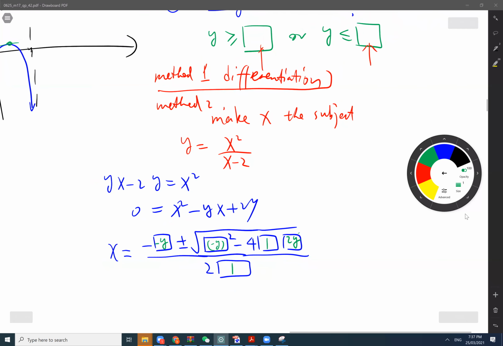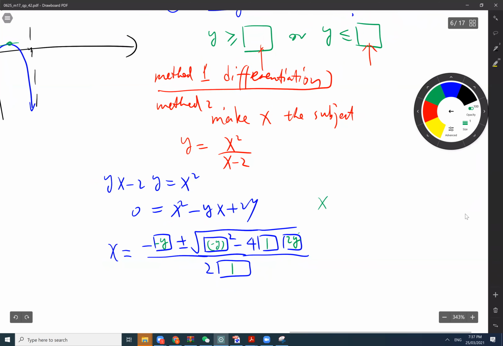Of course, I like Charlotte's way. Charlotte tried completing the square like this. Yeah, I like this way. Using the formula, we get y plus or minus the square root of y squared minus 8y, over 2.